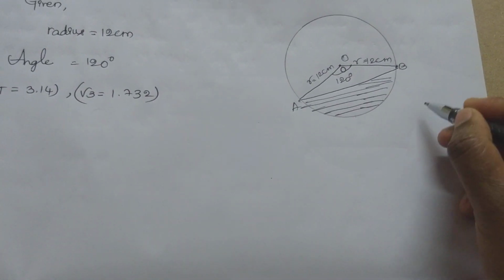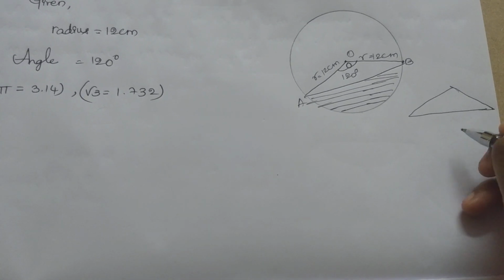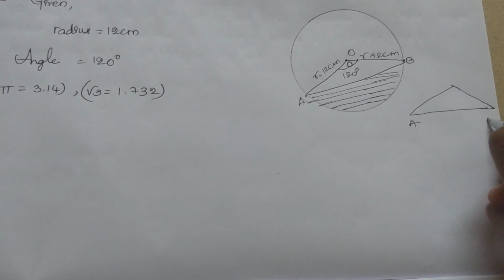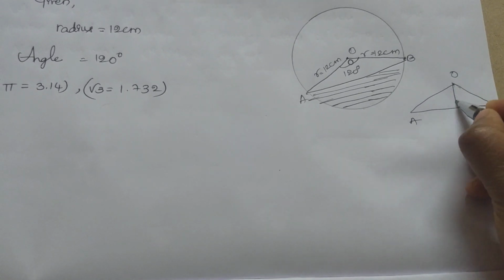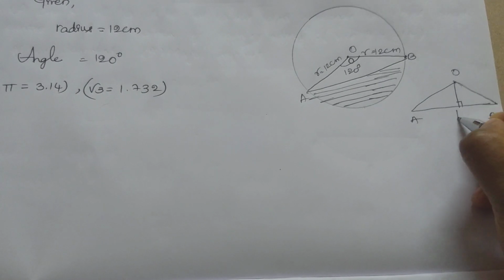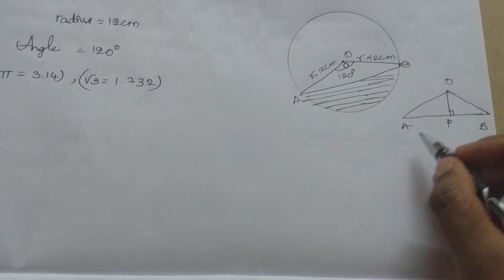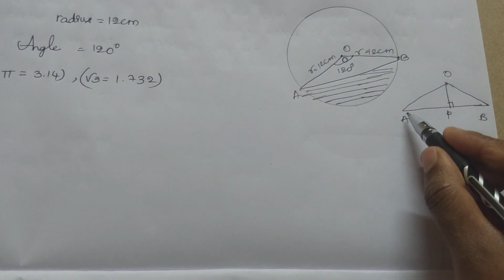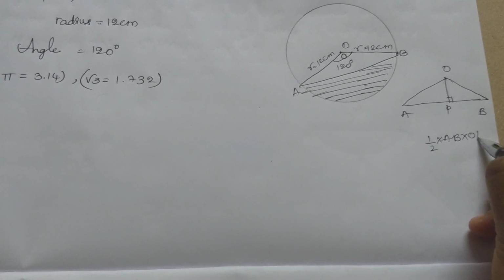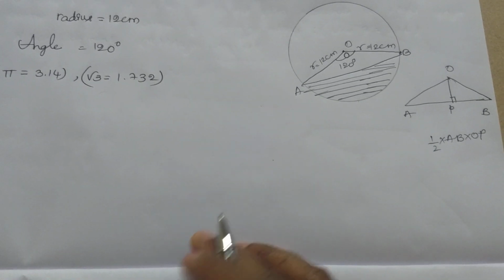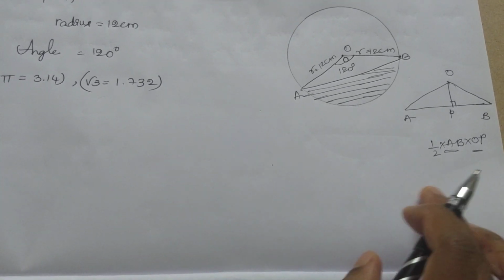For this triangle the base will be AB, and for the altitude I will draw a perpendicular bisector OP. So the area becomes 1 by 2 into AB into OP. We don't know either the AB value or the OP value, but we have to find them out.